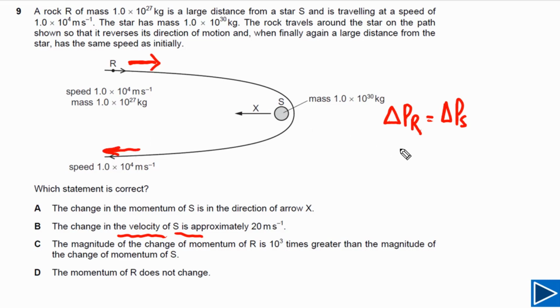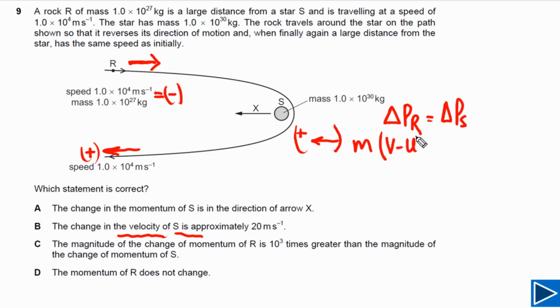Now we need to find out change in momentum. As momentum is a vector quantity, so we need to decide one direction as positive. So in this case, let's say to the left is positive. If we take to the left is positive, then this velocity will be negative and this velocity will be positive.